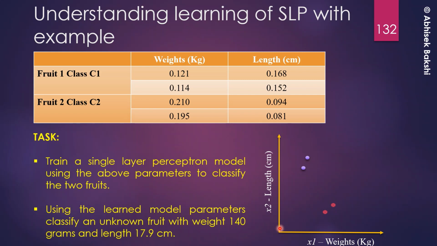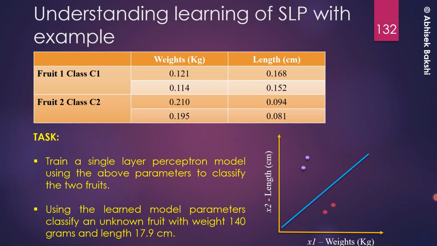And if I put the patterns on this plane based on their values, it looks something like this. This is on one side, this is on the other side. So you can easily draw a straight line which classifies these four fruits into two different classes with 100% accuracy.